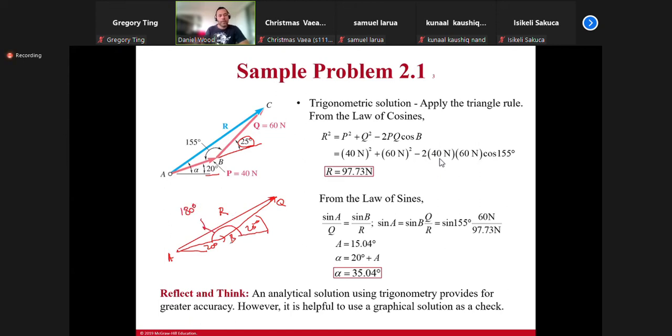So therefore, the internal angle B is equal to 180, sorry, I drew too many things there, is equal to 180 minus 25 degrees, which equals 155 degrees, which is this internal angle here. Yeah? Is that clear, guys?